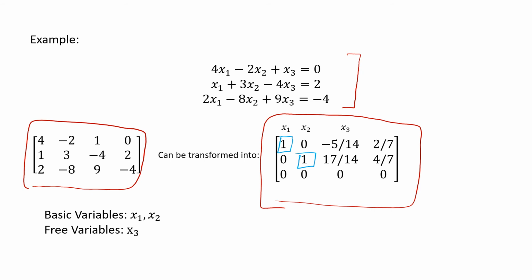By definition, the basic variables are the ones that have pivot positions. So x1 is a basic variable, x2 is a basic variable. The column for x3 doesn't have a leading entry. That's called a free variable. And you can see that summarized right there: the idea of basic variables and free variables.